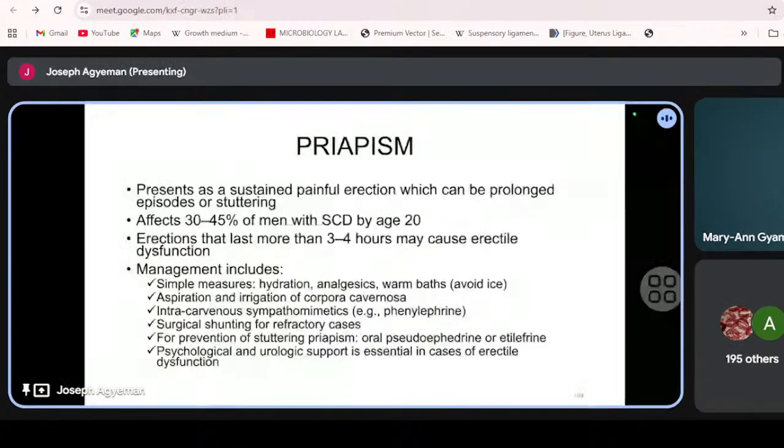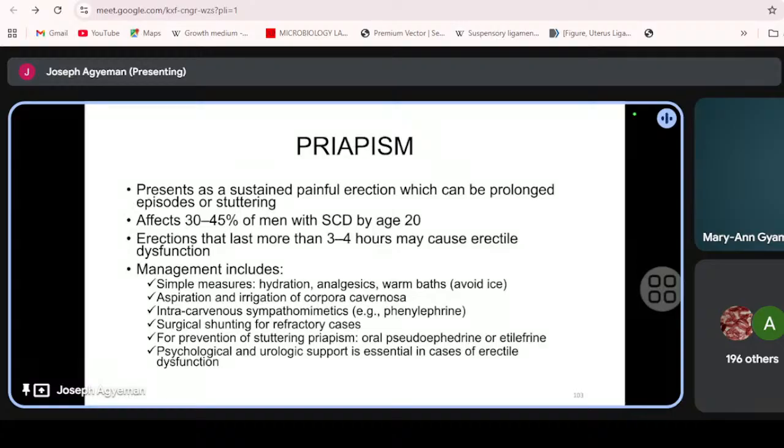In extreme cases, the urologist will have to operate and redirect the blood flow through surgical shunting. This is high risk and it may cause or contribute to erectile dysfunction. You can also avoid this by giving the person, by way of prevention, prophylaxis, pseudoephedrine.